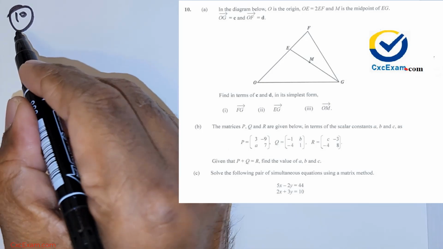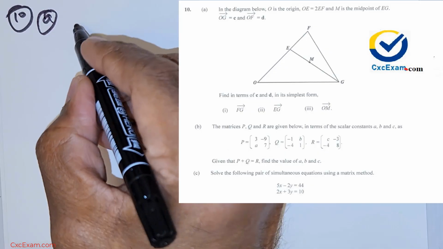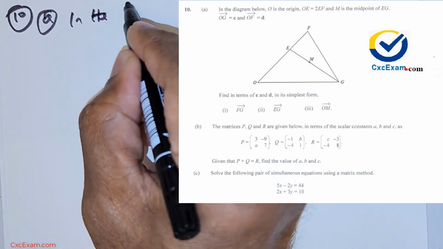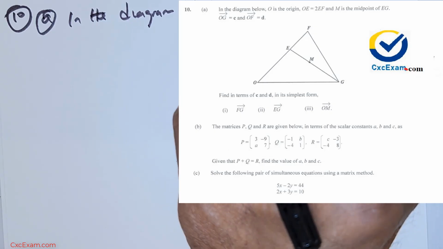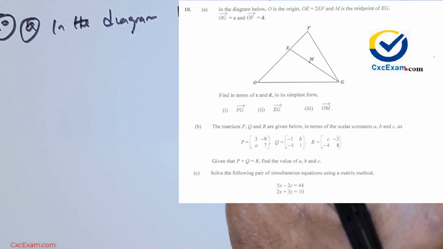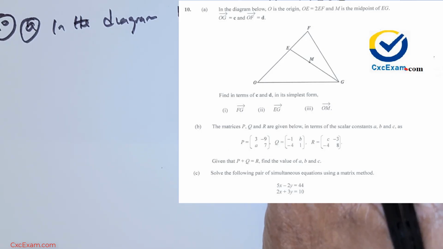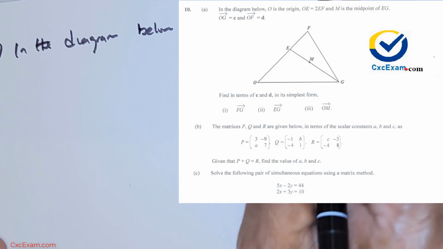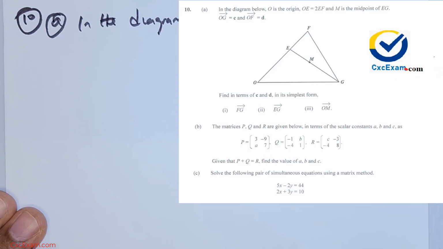Okay, this is the final question, question 10a. In the diagram below, O is the origin. OE is given as 2 times EF.